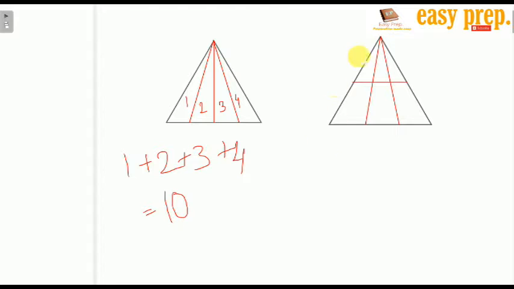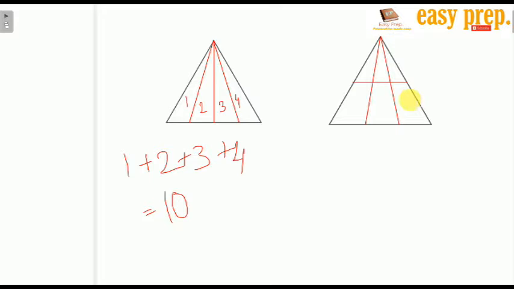Now in many of the examinations they won't ask simple figures like this, friends. They may add a few horizontal lines and then ask us to calculate the number of figures.